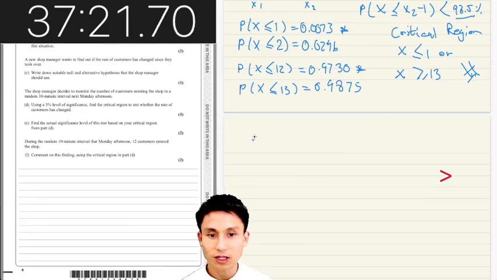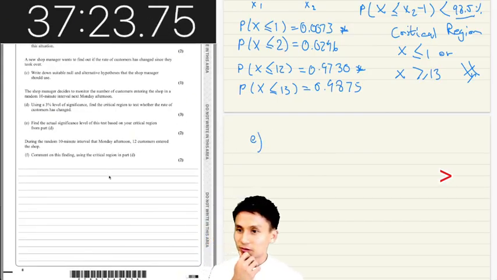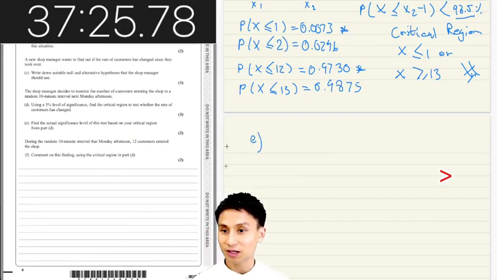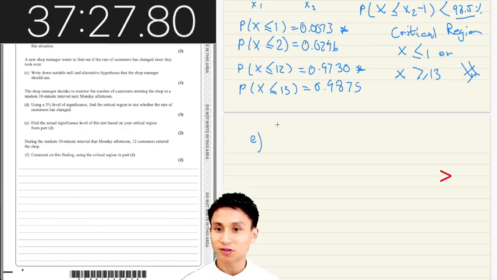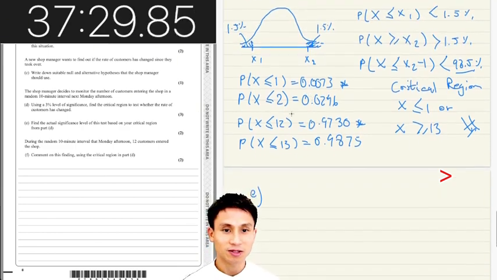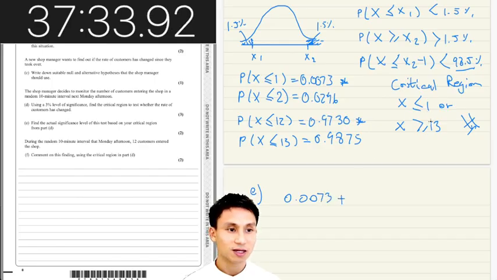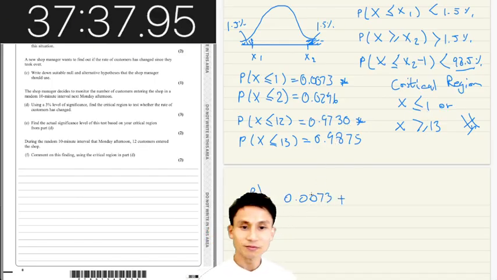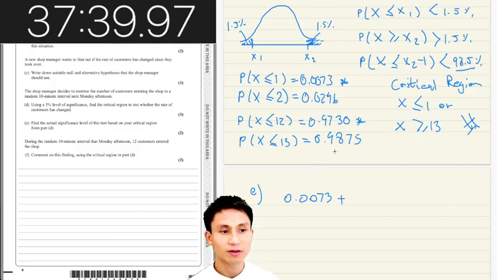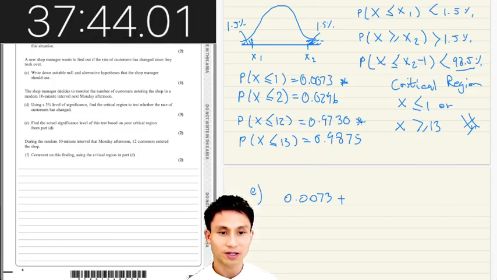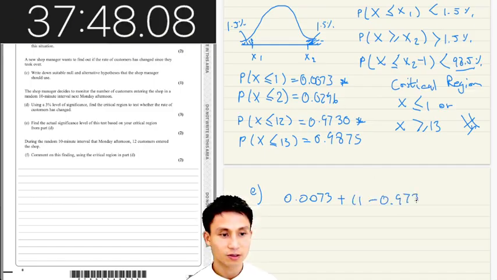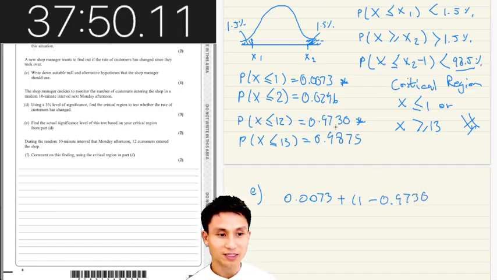Now question E. Find the actual significance level of this test based on your critical region in part D. So yeah, we just add up 0.0073 plus the probability of greater than 13. So yeah, we do 1 minus this, guys, to find the other side, because if you take this, it's not going to be right.